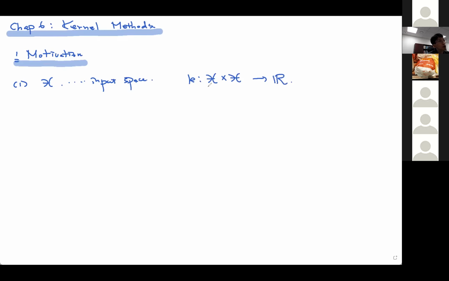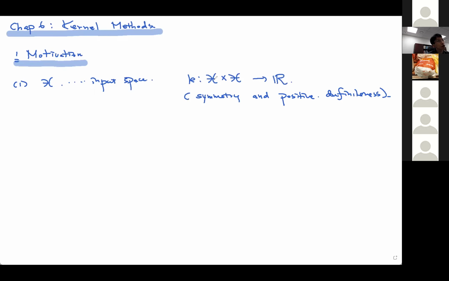And typically we require this K to satisfy so-called symmetry, and the other requirement is so-called positive definiteness. We're going to talk about what they are later.